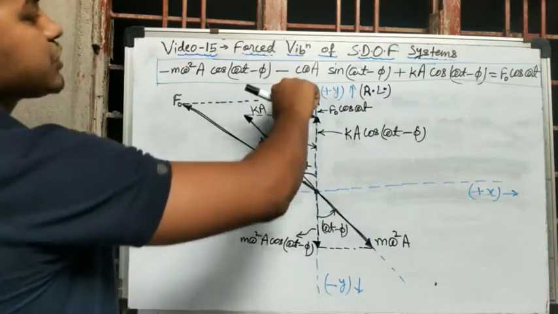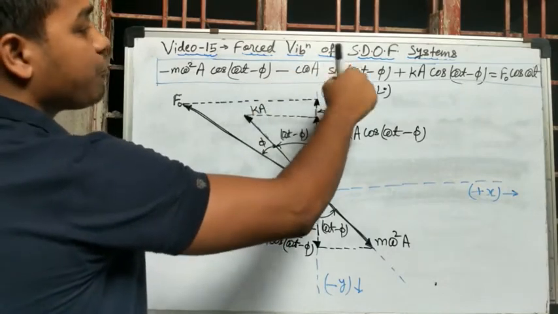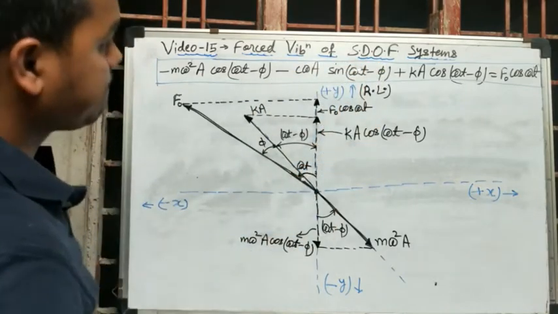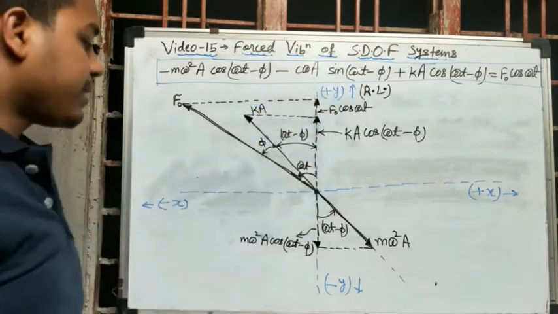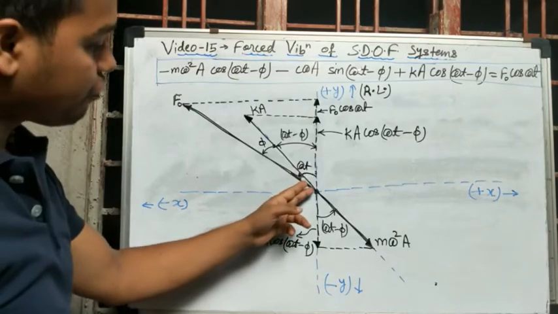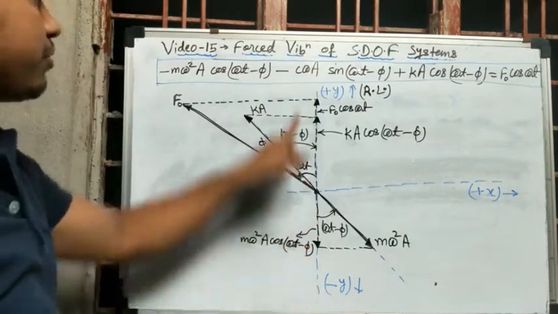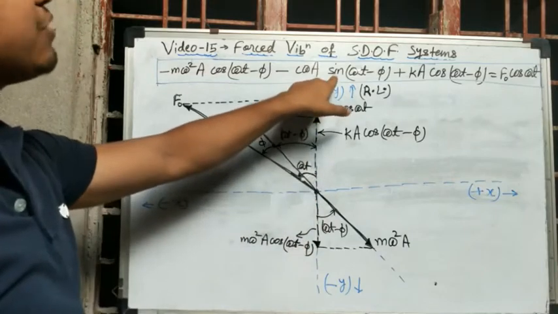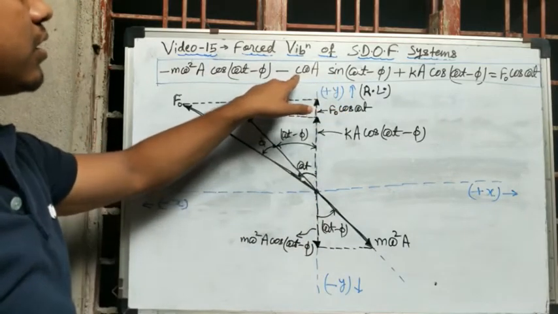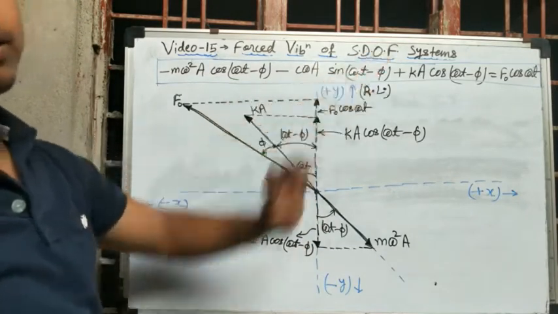Now the last force, minus c omega a sin omega t minus phi, I should draw. That means I should have a certain force on negative y direction, because it's a negative force. On negative y direction I should have a force whose sine component is equal to c omega a sin omega t minus phi.